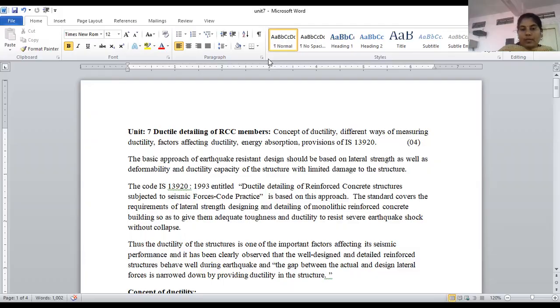So we'll see what is included in this unit number 7, which is related to the ductile detailing of RCC members, with the different RCC members like beams, columns, and the slab portion. For that purpose, how to make the ductile detailing and how to increase the strength, all these parameters we have to learn in this unit.